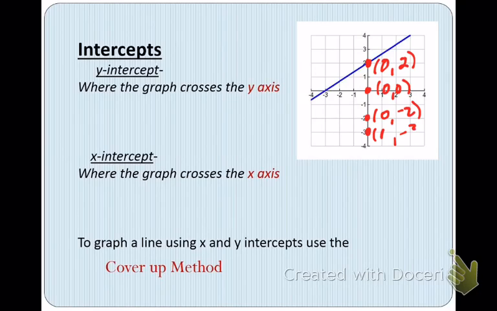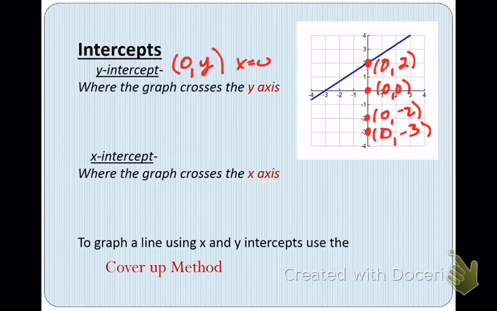And that x-coordinate is 0 for all of those guys. So a y-intercept is always going to have the coordinates of (0, y), wherever it touches the y-axis. In other words, the x is always going to be equal to 0. Okay? We have to remember that.